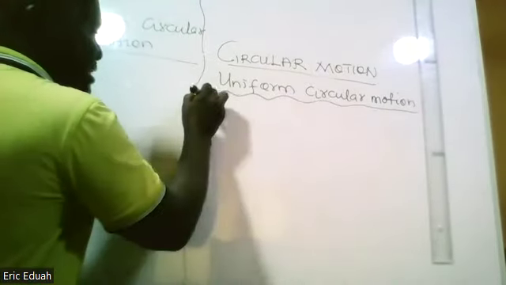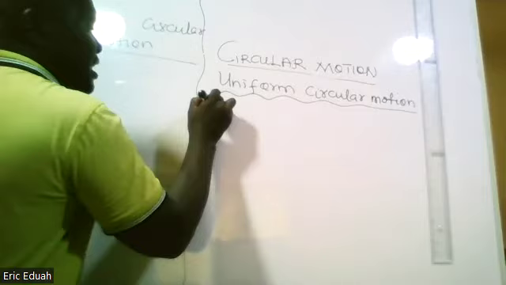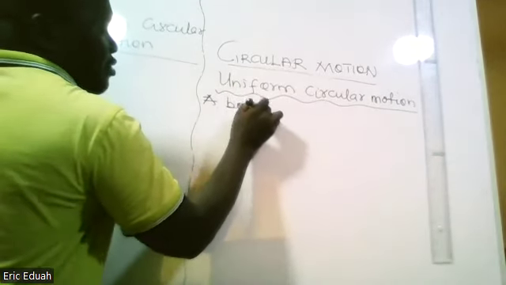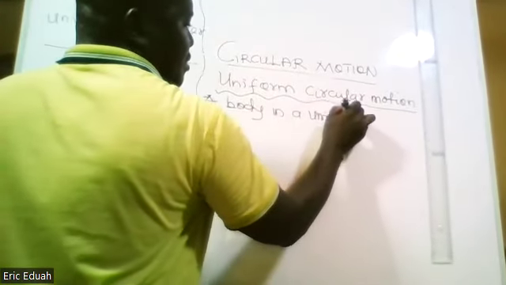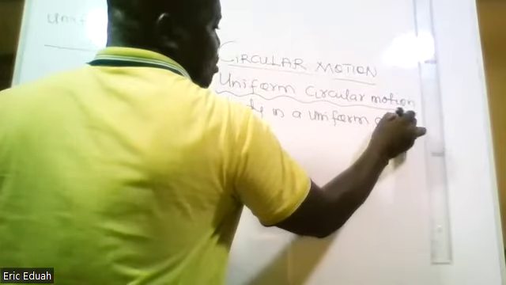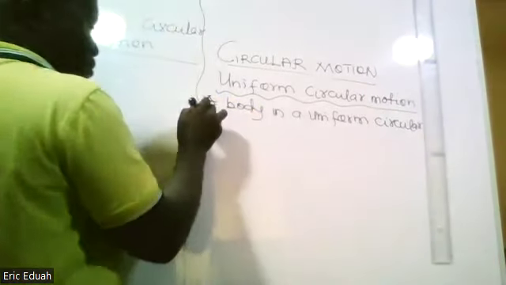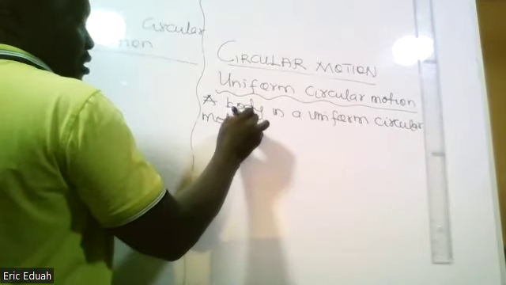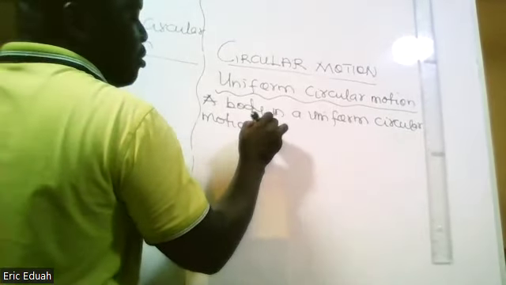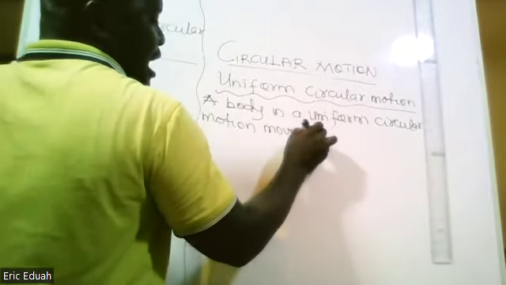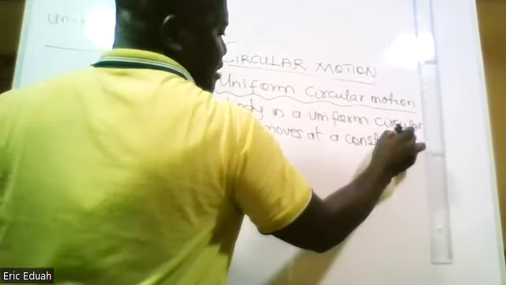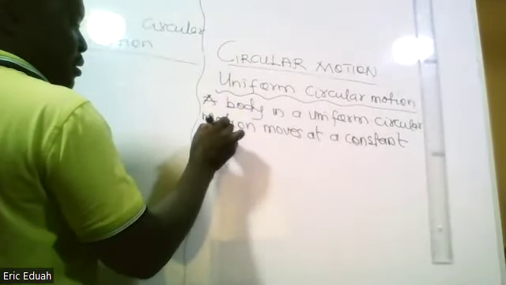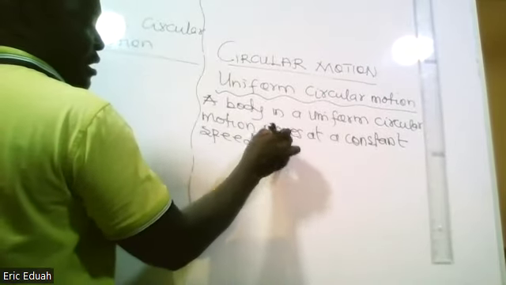When a body is said to be in a uniform circular motion, the body moves at a constant speed v.